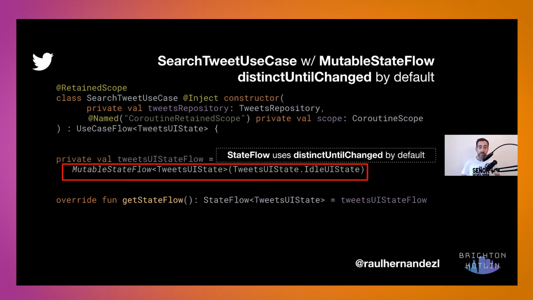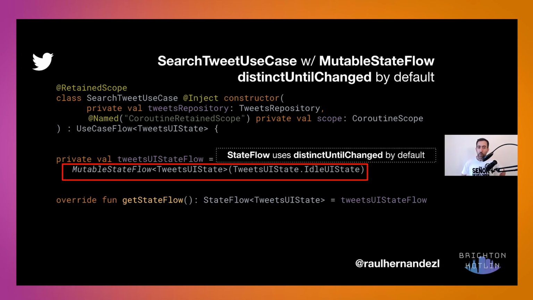And then for instantiating that from my use case, I'm going to initialize this instance using MutableStateFlow, and then I will expose it by means of the StateFlow. StateFlow is an interesting entity, because it also has by default distinctUntilChanged. So basically, if you have different states, it will produce an emission of the value. But if you emit something that was already emitted before, then this distinctUntilChanged will stop there and won't emit this value. So you have to take care about it.